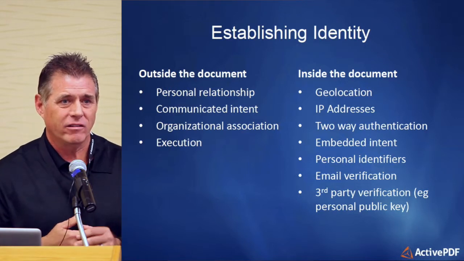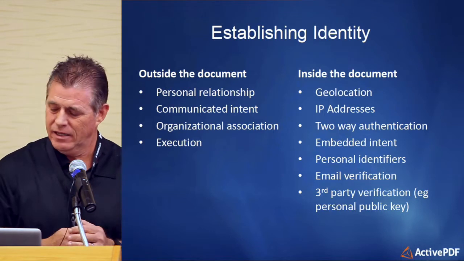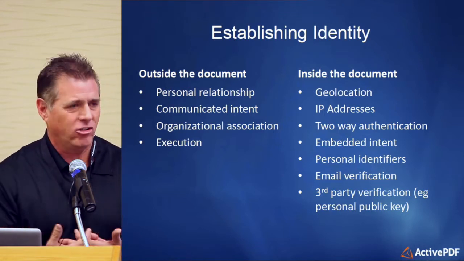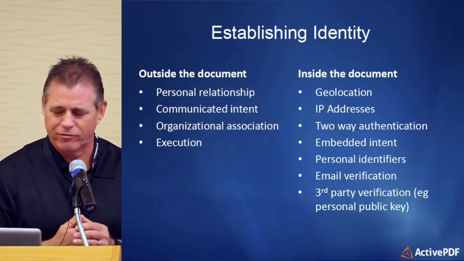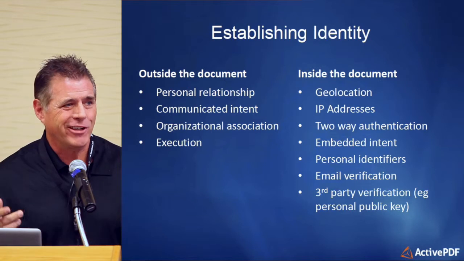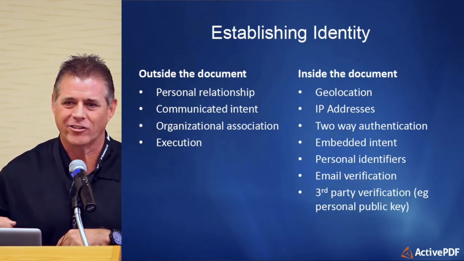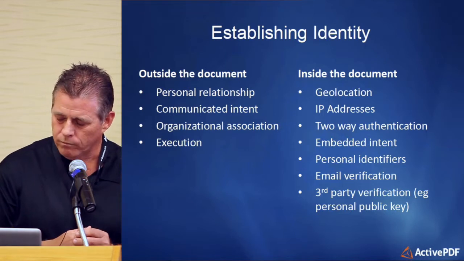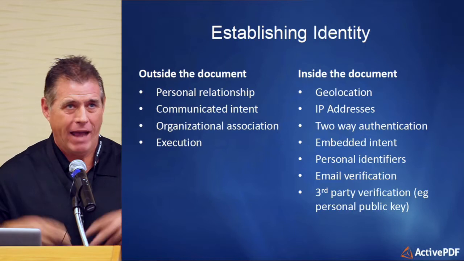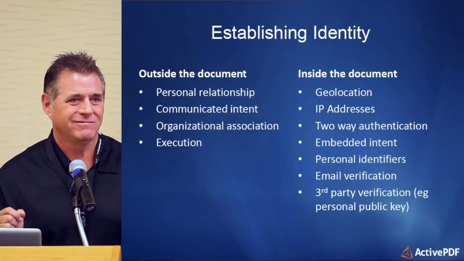Two-way authentication. Two people logged in to something, and then you have the login time, the hashing of the logins, or some information about that. Embedded intent. I've seen people take those emails and actually embed them in the document, okay, as a file attachment. Personal identifiers. It could be a magic number or a password.